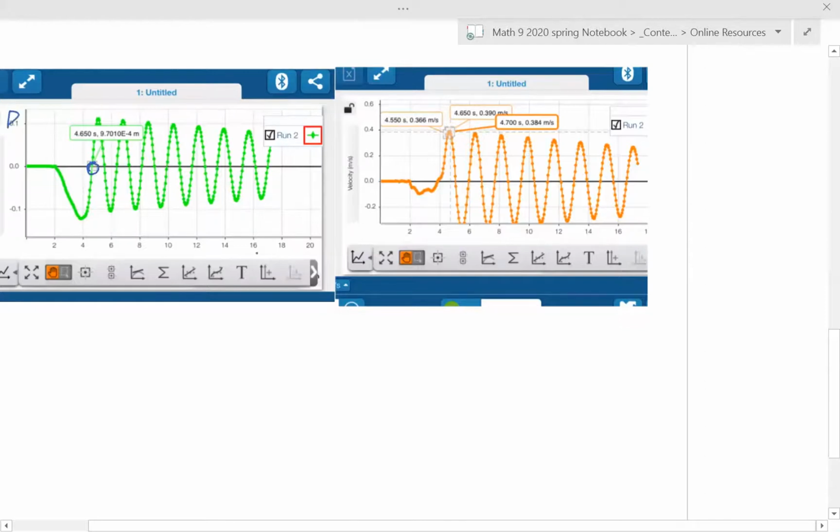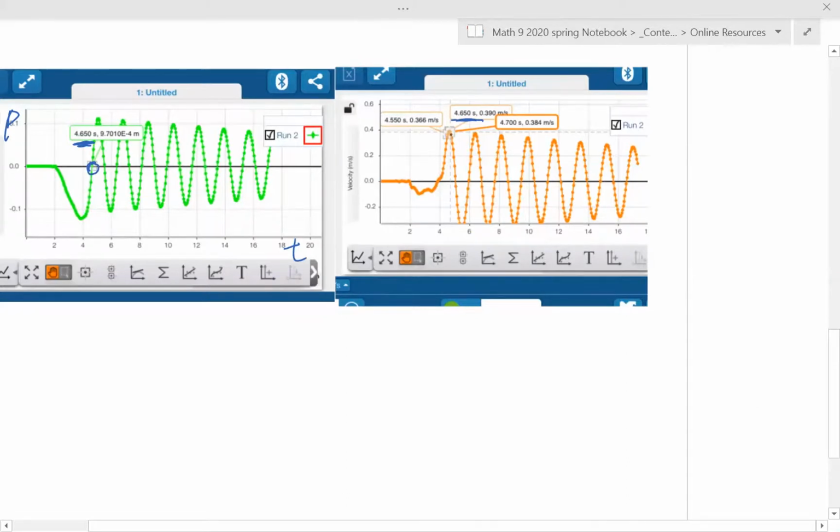So this is the PT graph at 4.65 seconds. And at that second, the VT graph reaches the local maximum. When P is 0, velocity is actually the highest.